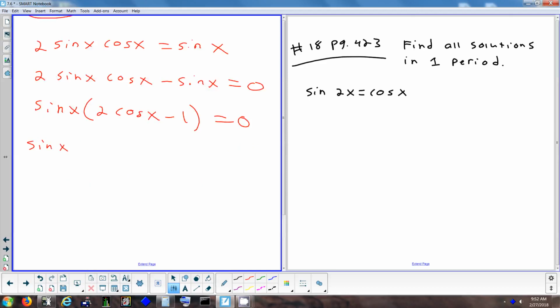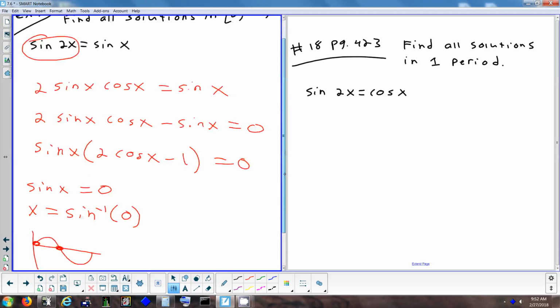So let's start with sine x equals 0. So you're asking yourself, what is the inverse sine of 0? Think of the graph of sine and where it hits 0. Here and here. And I'm just going to go back up and look at what they want for answers.